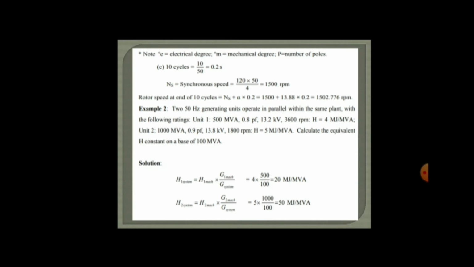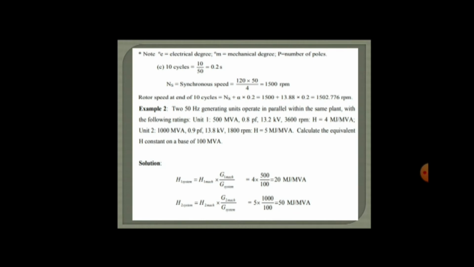H1 is equal to the inertia constant into G, where G corresponds to the rating of that machine, that is, the system base rating.